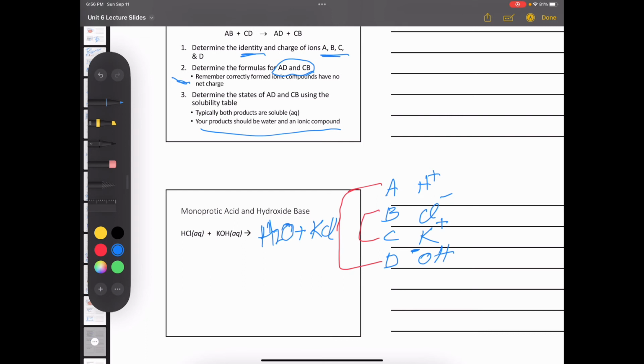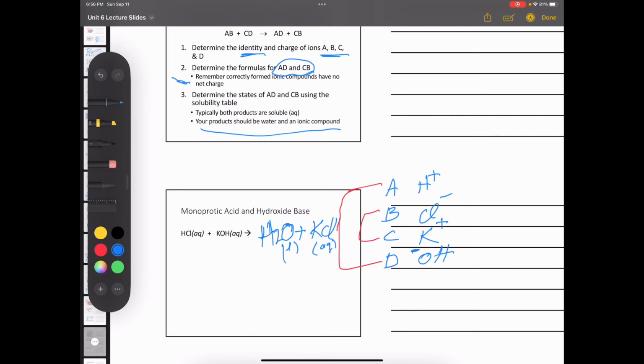Now I'll have to identify the physical state for each of them. H2O is obviously a liquid, so it's always an L. If you look at KCl, K is from group 1 in the periodic table, and based on the solubility chart, KCl will be aqueous, so it will be soluble in water.